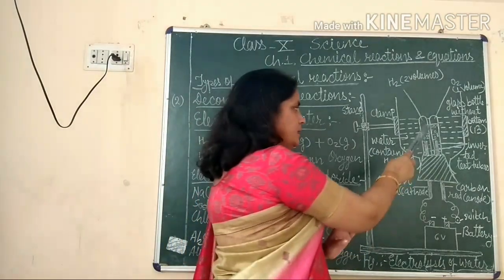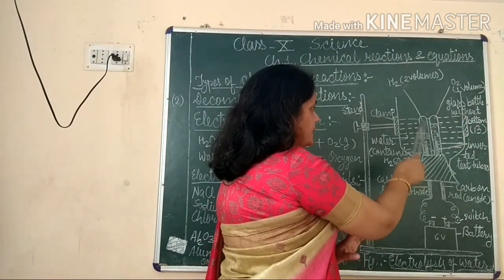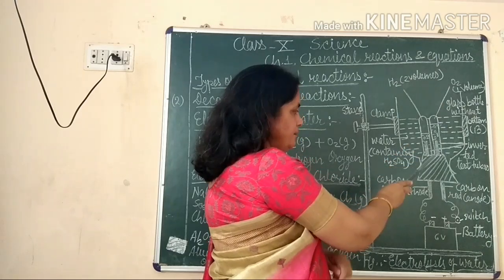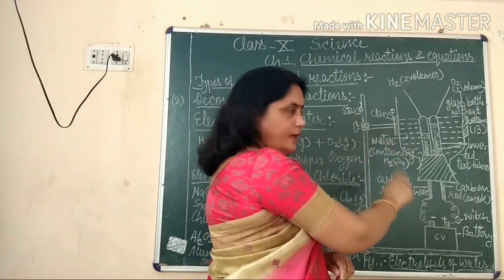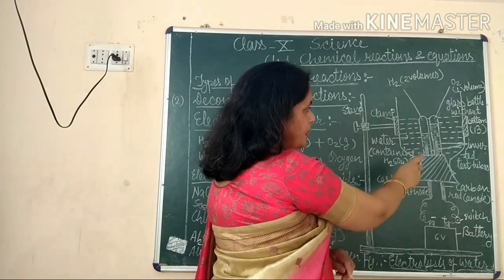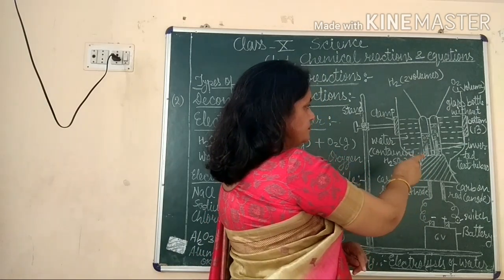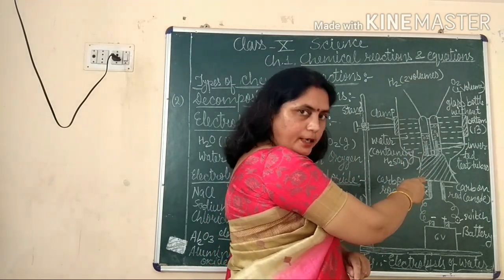You can notice in between the experiment that the amount of gas collected in the test tube inverted over the cathode is more as compared to the amount of gas collected in the test tube inverted over the anode.